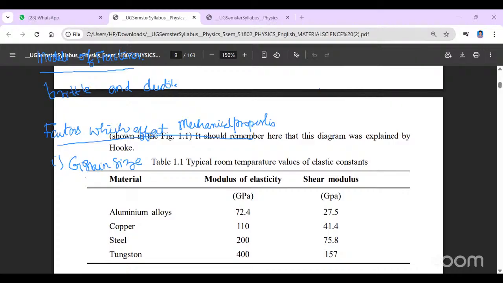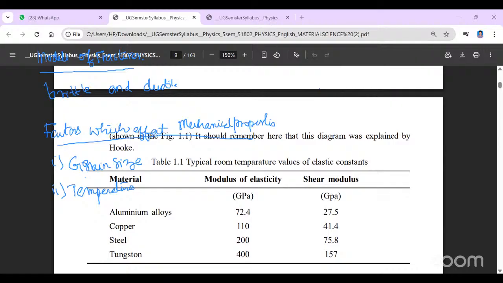Another factor affecting the mechanical properties of any metal we have chosen is the temperature effect. Temperature will affect the elastic limit as well as Young's modulus and other properties.